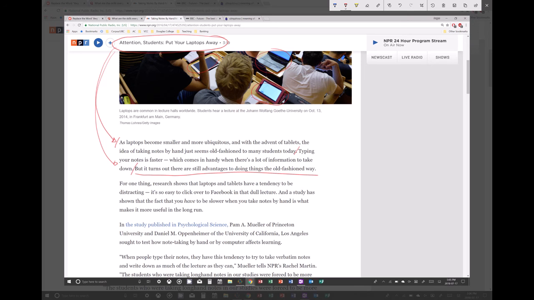This sentence gives us a thesis statement. Why should students put their laptops away? Well, because there are advantages of doing things the old-fashioned way, and that refers to taking notes by hand or on paper. You see? And this is your thesis statement.